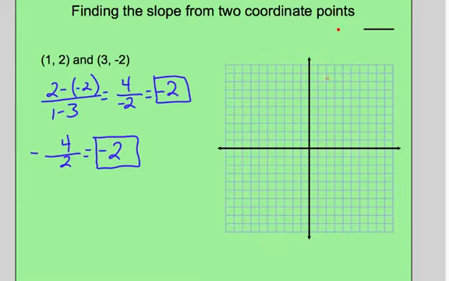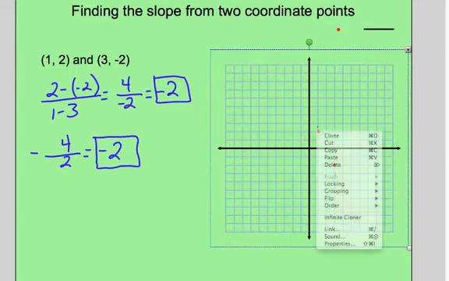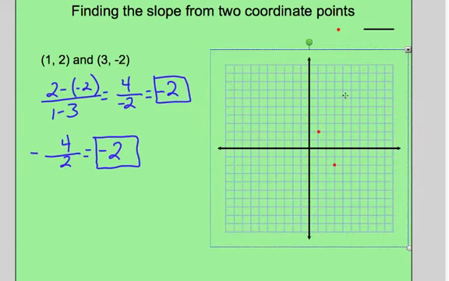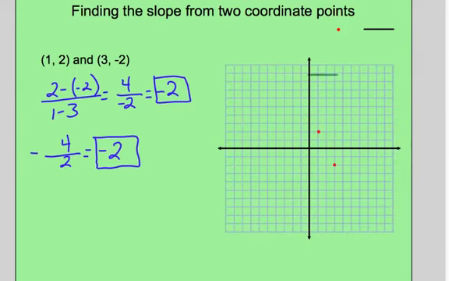So let me put a coordinate point at 1, 2, and a coordinate point at 3, negative 2. All right, so those are my 2 coordinate points. And now I want to find out and see if that slope really worked out or not.